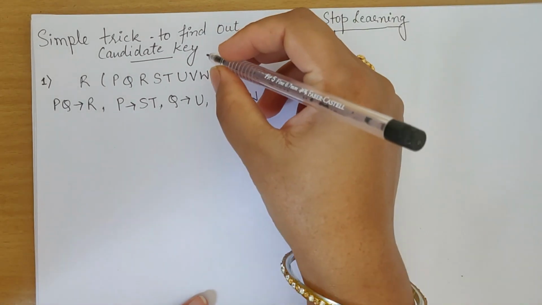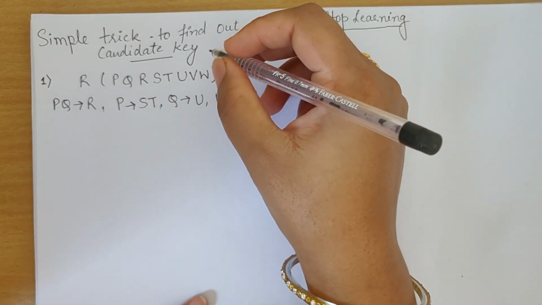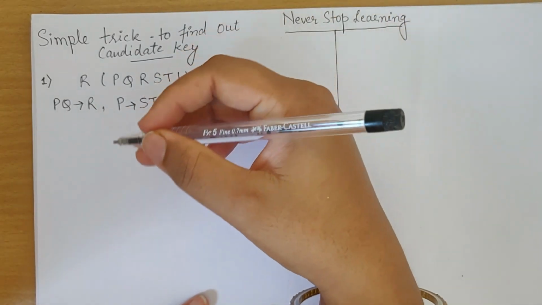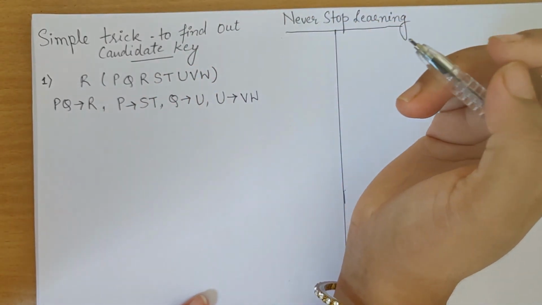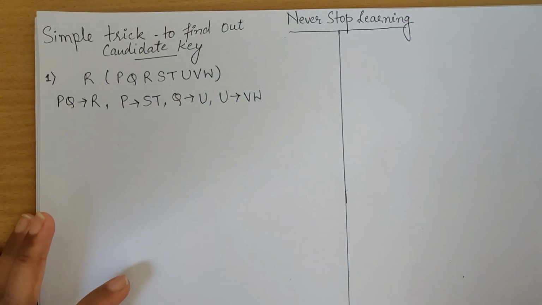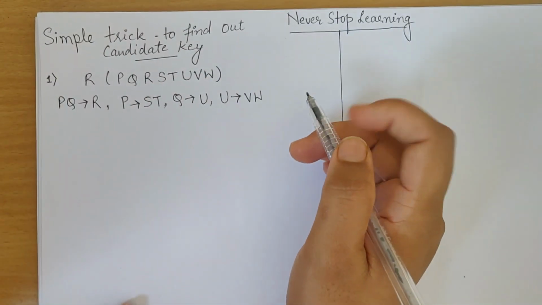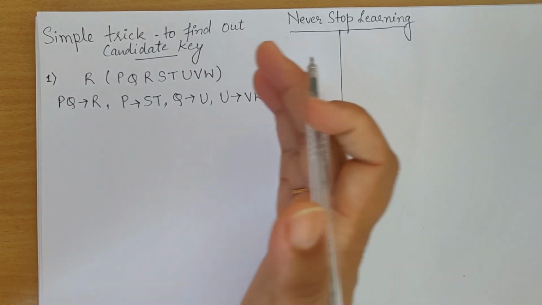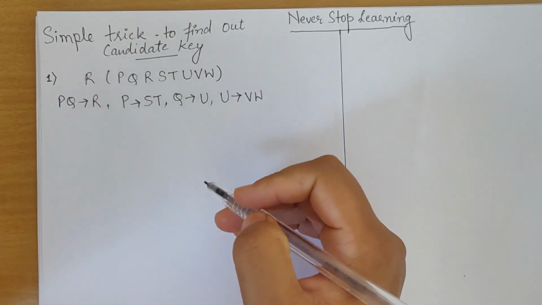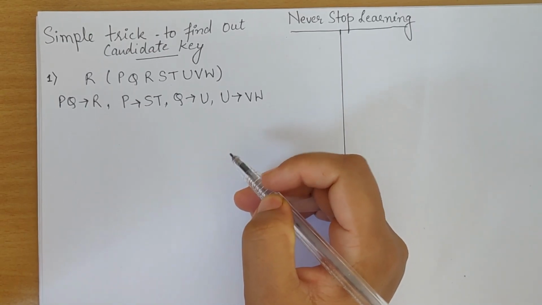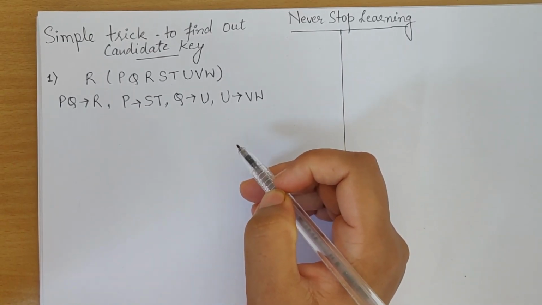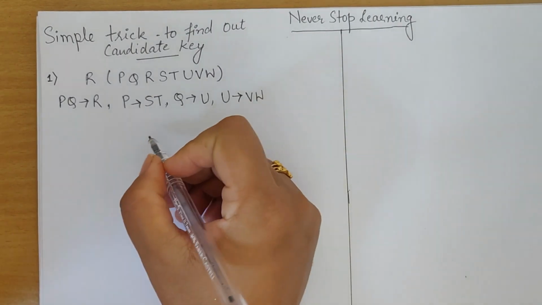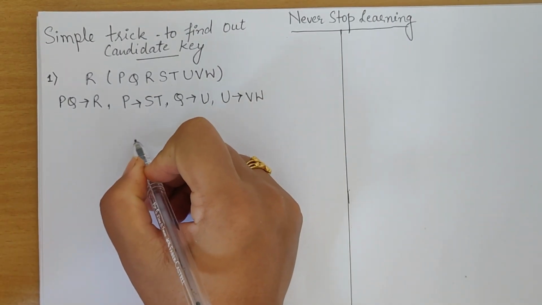So candidate key, as I already told you in the previous lecture, is the minimal super key, right? And for this particular short trick, for any relation R, first we will find out the director of this particular show. There is a show, and we will find out the director of the show, because the director is the most important person in any show, right? So we will write out all the actors like this.